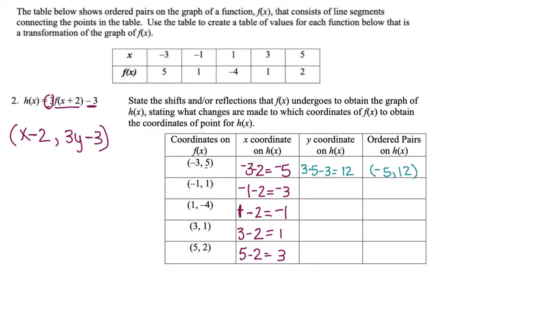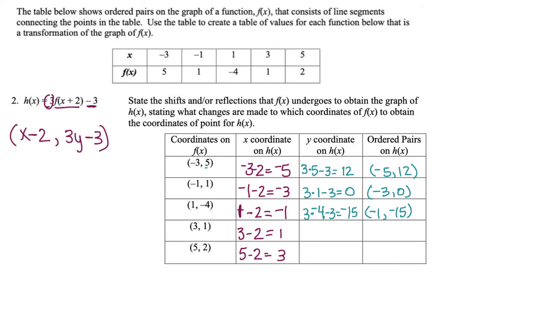Okay, so we're going to say 3 times 1 minus 3. That's going to give us 0. And so our ordered pair is negative 3, 0. And then the next one, we're going to have 3 times negative 4 minus 3. So that's going to give us negative 15. And so our ordered pair is negative 1, negative 15.